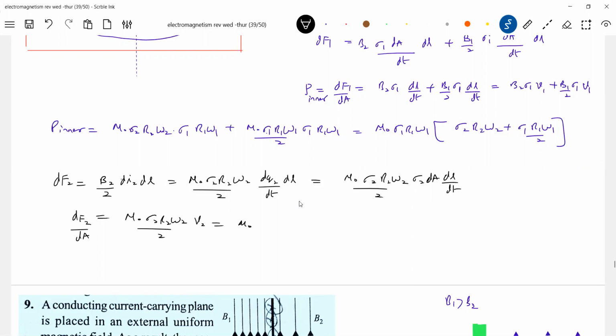So mu naught sigma 2 whole square. So what is this? Pressure on outer cylinder.